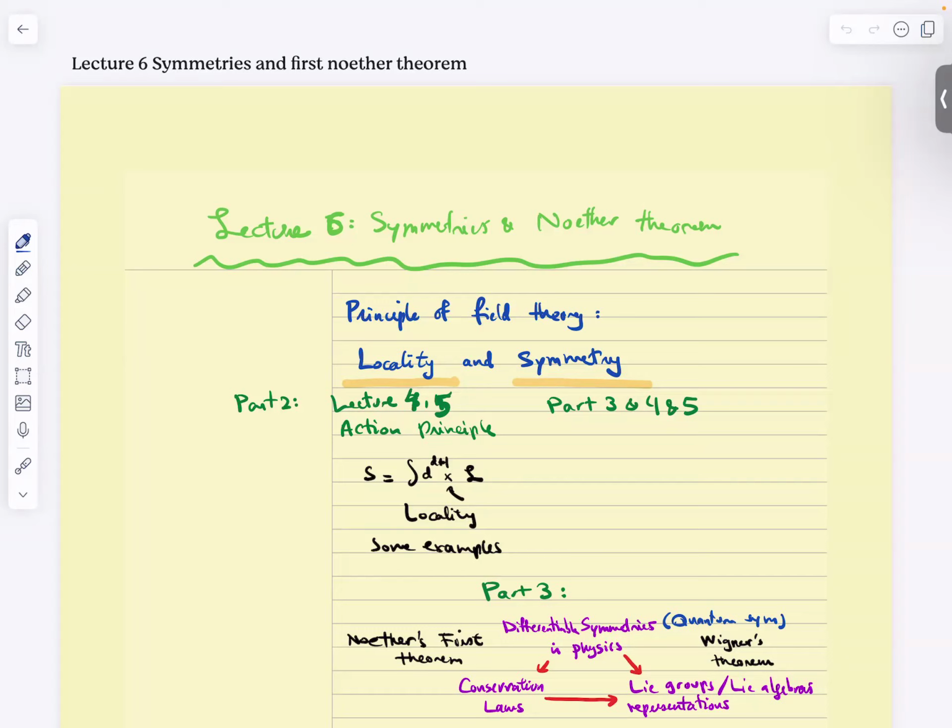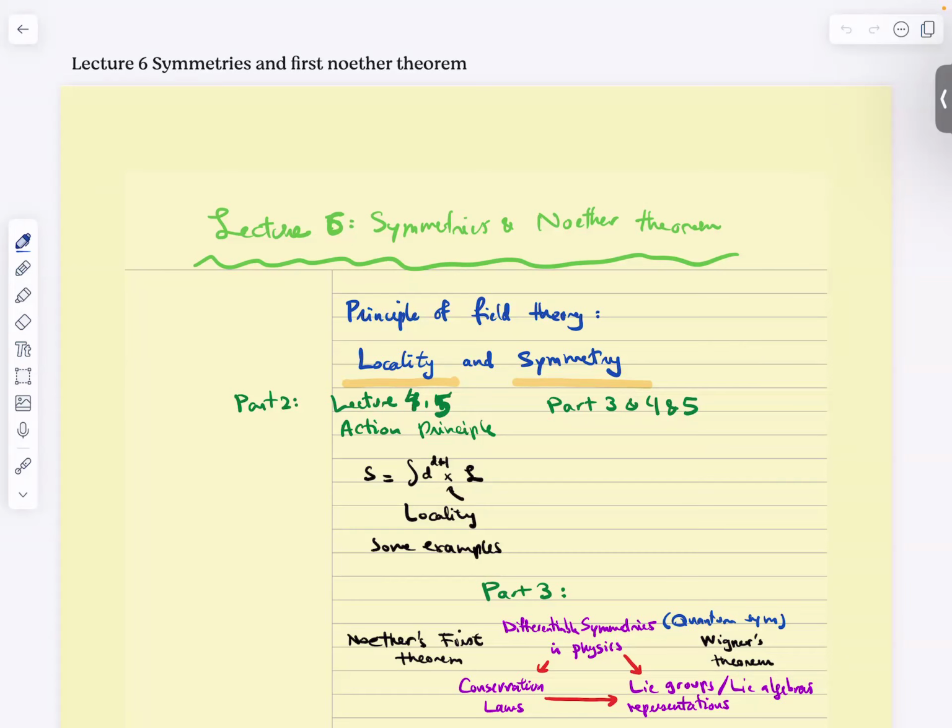Sections 3, 4, and 5 of the course are going to be about symmetry. Here was the action principle, right? And similarly, I'll give you something to hold on to. And by the time we've gone through symmetry, we'll be done with classical field theory and we'll be halfway through the semester. Right?